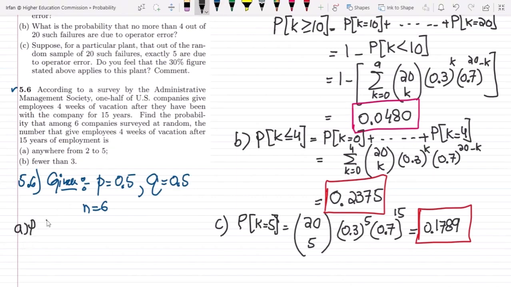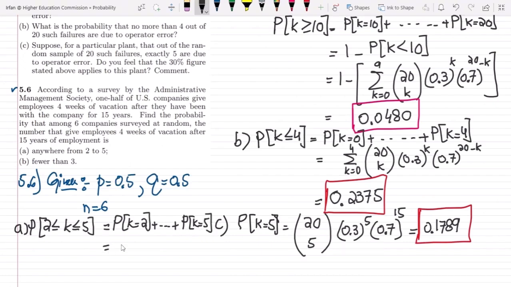I have to find the probability of k greater than or equal to 2 and less than or equal to 5. How can we find it? It can be found using the same formulation, where I have the probability that k is equal to 2 up to k equal to 5.